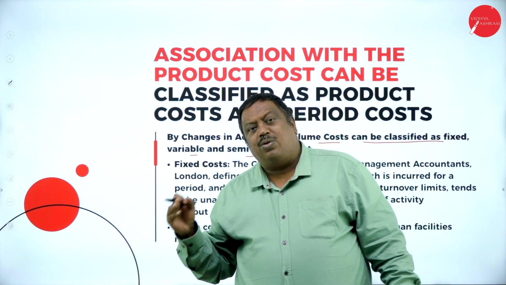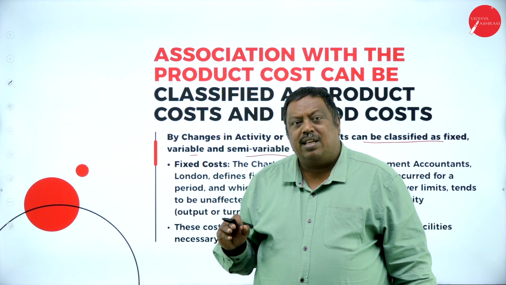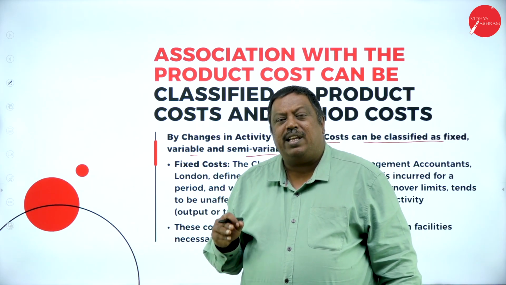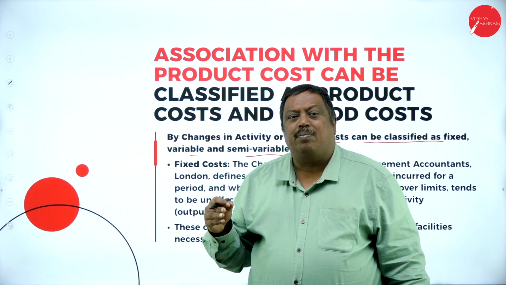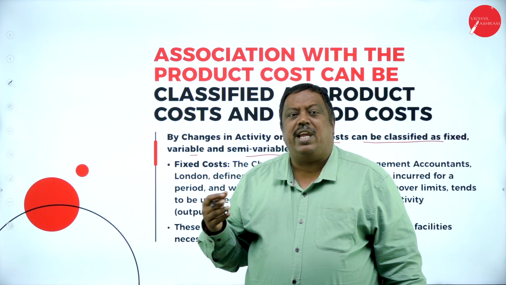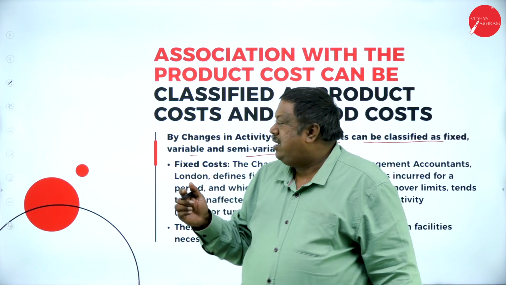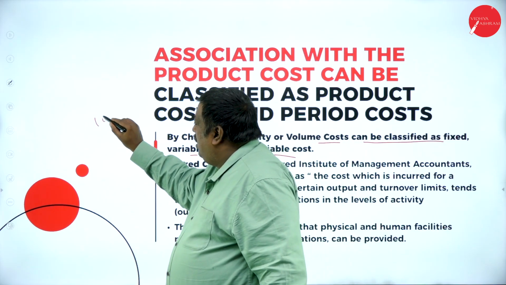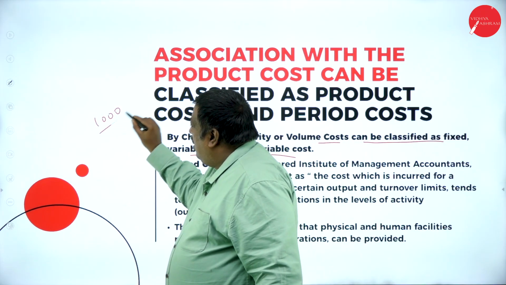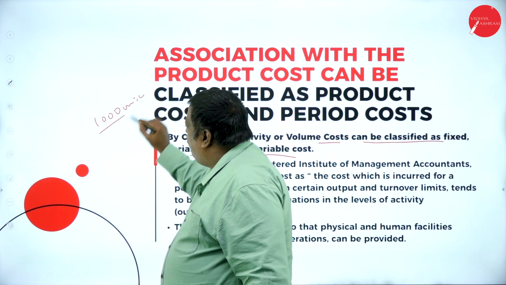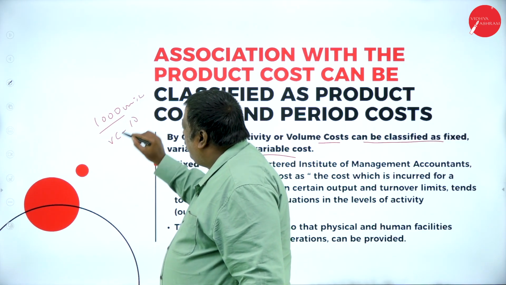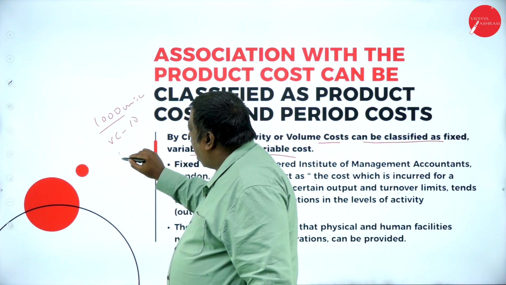Fixed costs are those costs which are incurred for the long run as a stagnant value fixed for the period. Variable costs are those costs that vary as the number of units changes. Assume that if it is 1000 units and my variable cost is 10 per unit, it will be 10,000.